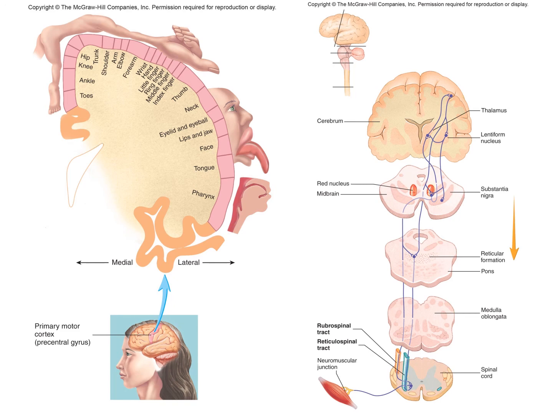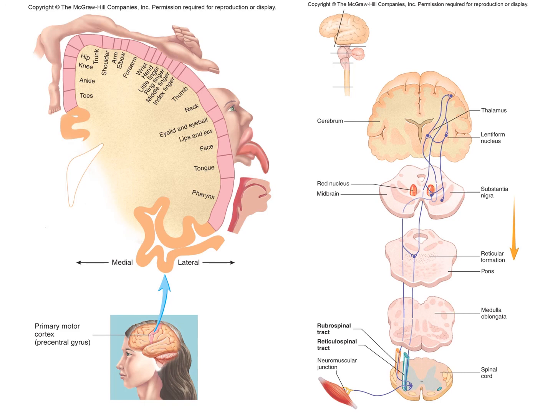A descending pathway would be tapped to carry that impulse down to the appropriate local neighborhood of the spinal cord. A synapse would be made with the cell body of a motor neuron that would escape through the ventral root and supply stimulus to innervate the appropriate muscle.